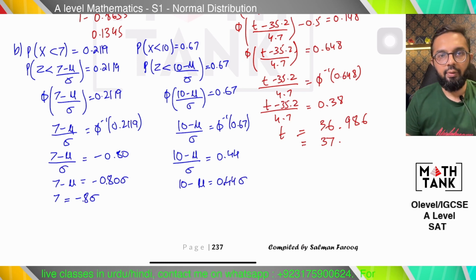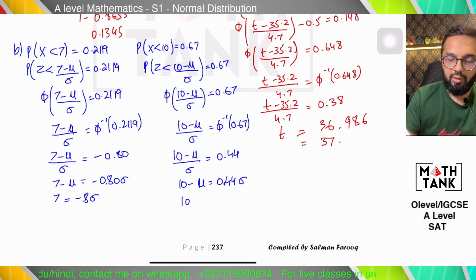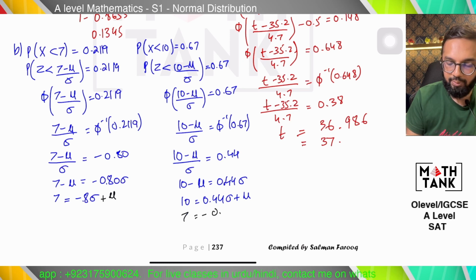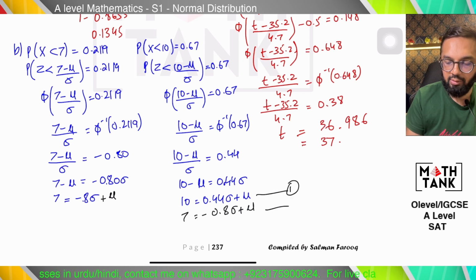Okay, 0.44 sigma, 10 equals 0.44 sigma plus mu. Plus mu here as well, sorry. So 7 equals minus 0.8 sigma plus mu is the other simultaneous equation. This is equation 1. It's equation 2. Let's change the signs and solve.